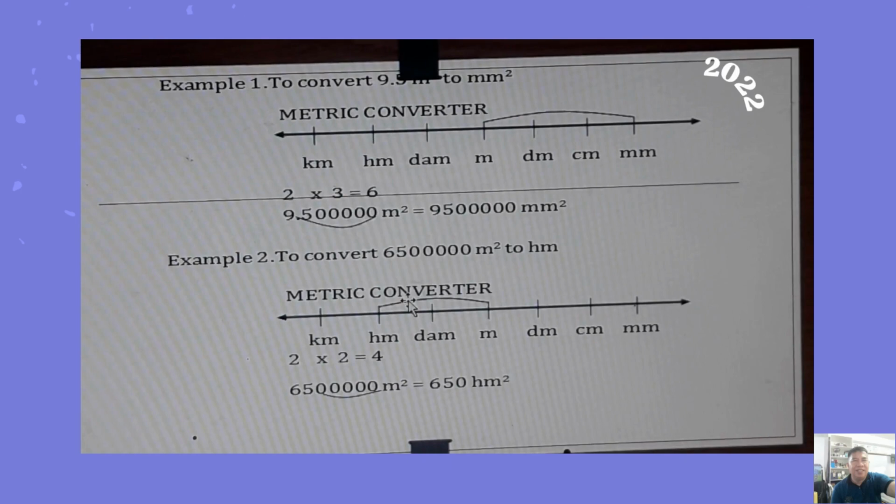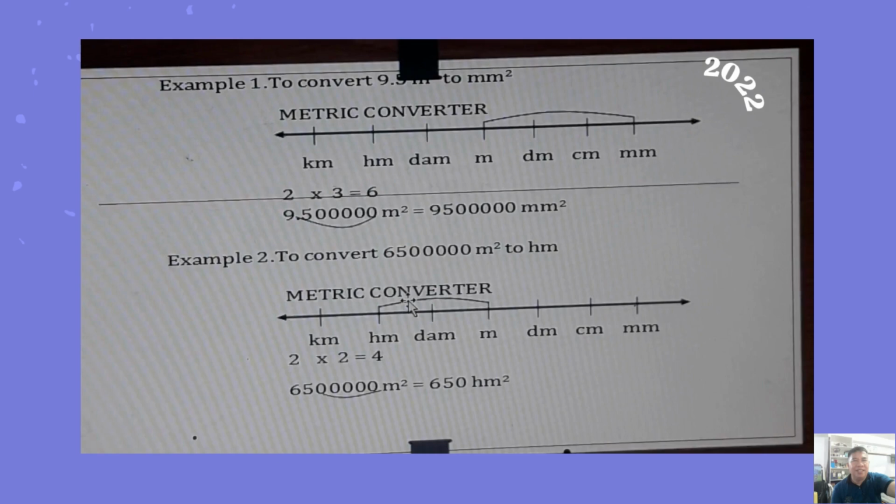So again, it will affect also the movement of points from the given, which is 9.5. So since we are talking about area, the 3 times movement will be multiplied by 2. And 2 times 3 is 6.